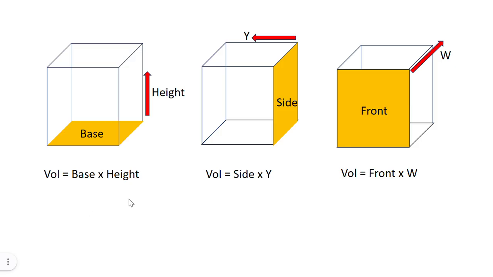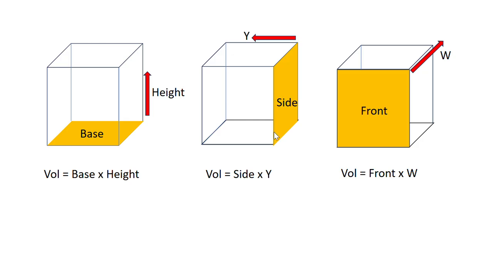Now, sometimes the question does change a bit and they trick you. We already know that volume is equal to base times height. So I take the base times the height. But sometimes the question will give you the area of one side and ask you to find the volume.